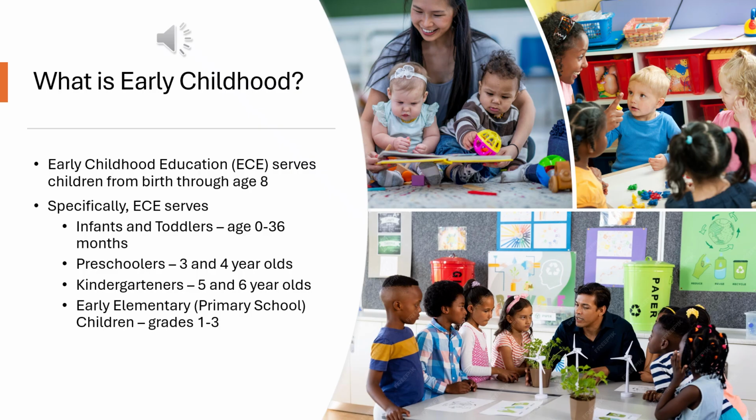Now, I do want to note that there is a new grade in the state of California called transitional kindergarten. So this is for children who are at the high end of preschool and at the low end of kindergarten. They would be 4 and 5-year-olds that would potentially be served in transitional kindergarten.